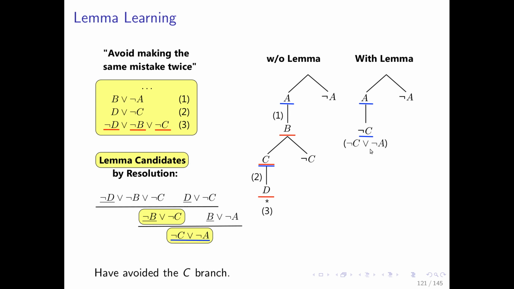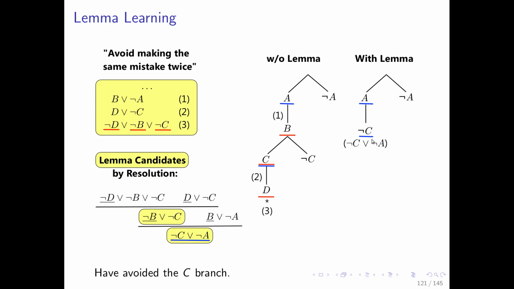But if we just give priority to the learned clauses, then what we immediately get here is that the not A gets deleted and we get not C, right? So what we've done is effectively moved the decision point not C up higher.